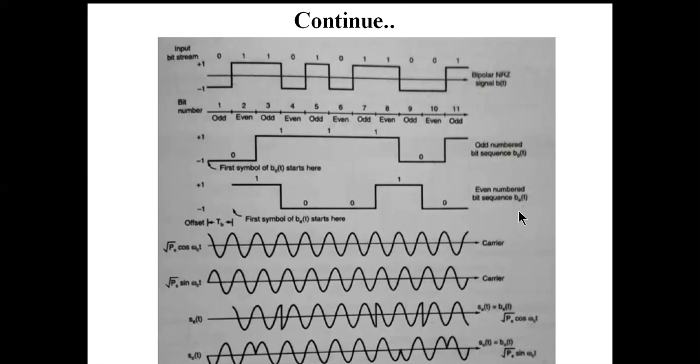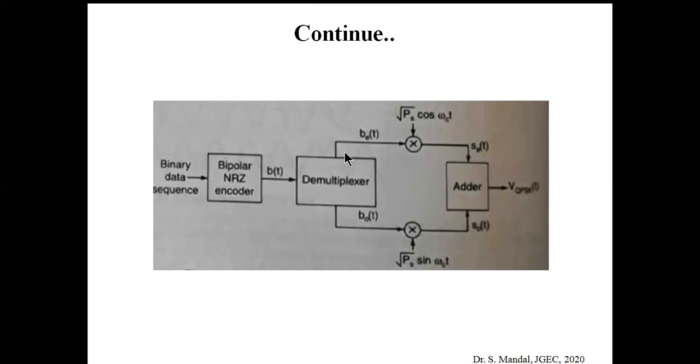Now BOT and BET, all these outputs are applied to two multipliers or balanced modulators. In case of the odd bit sequence, we use root Ps sin omega ct as the carrier, whereas in the second or upper multiplier, we use root Ps cos omega ct as the carrier.